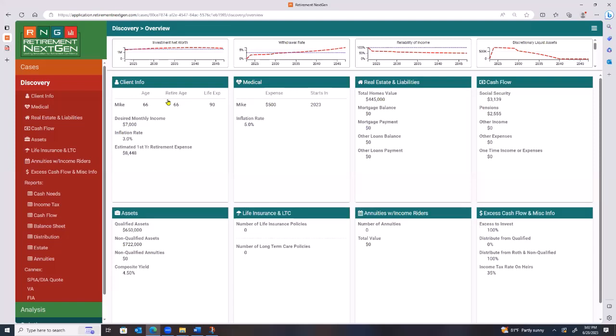Maybe I want to use that window from 67 to 73, where I have only 6 or 7 years to convert. Maybe I have $1 million between me and my wife, and I can put $400,000 in the QLAC and push that all the way back to 85, when maybe I'm going to have high medical needs and higher income needs.